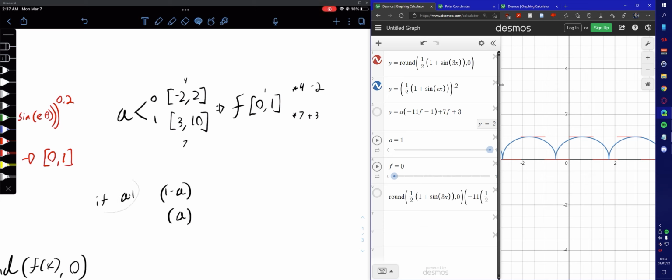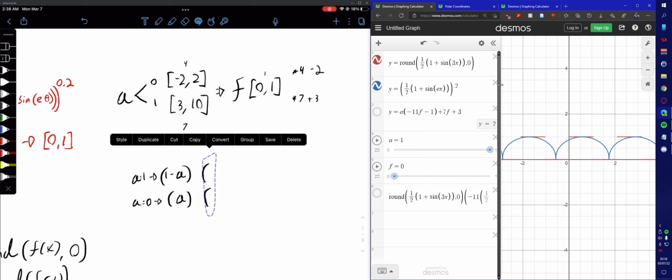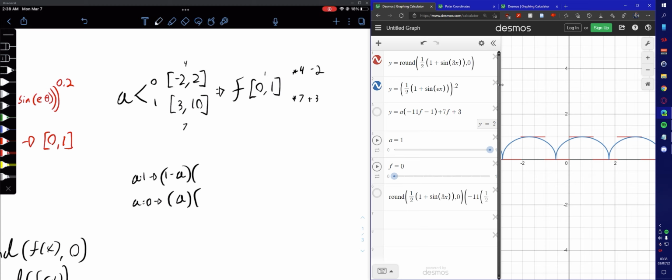If A is equal to 1, whatever we multiplied by this is equal to 0. And similarly, if A is equal to 0, then this will equal 0. What we're doing is we're just going to take these. 4F minus 2, and 7F plus 3.